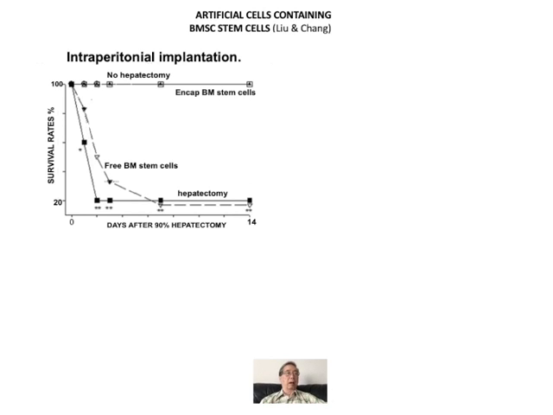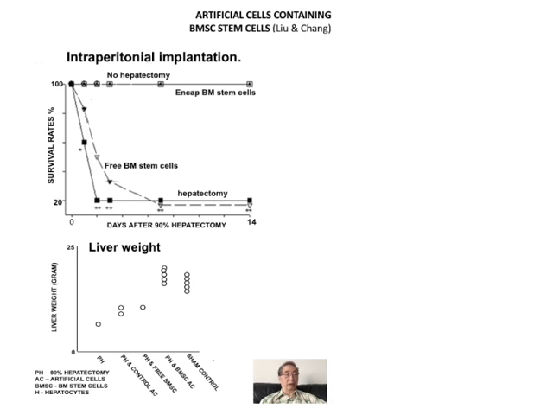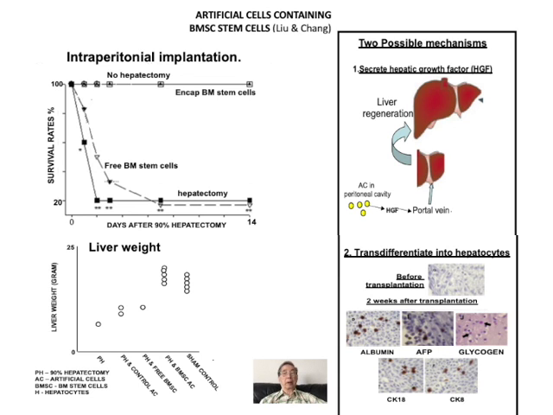Now, artificial cells containing stem cells could be used, as we just discussed, to increase the recovery of the animal, and indeed the animal recovers and at the same time the liver also regenerates to the level of the control, non-resected normal animal, as shown here. The mechanism for this could be two.